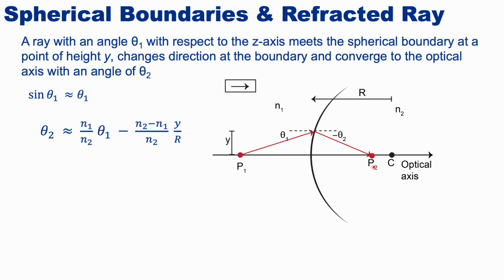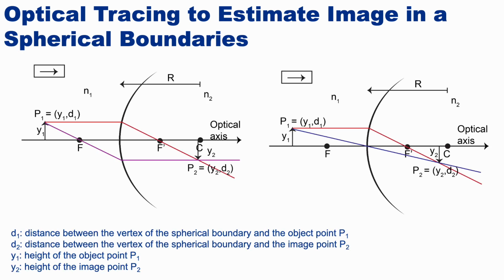We are not changing the height through the bending, but the refractive angle does not only change based on the ratio of the two refractive indices, it also changes based on the height of the object and the radius of the spherical surface. So this is how we're going to define it.